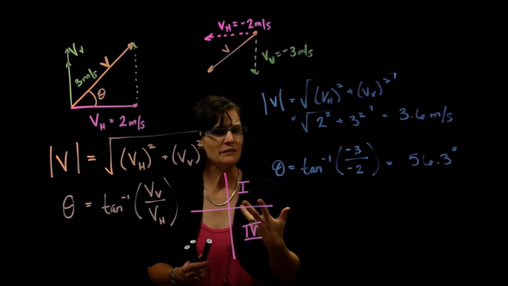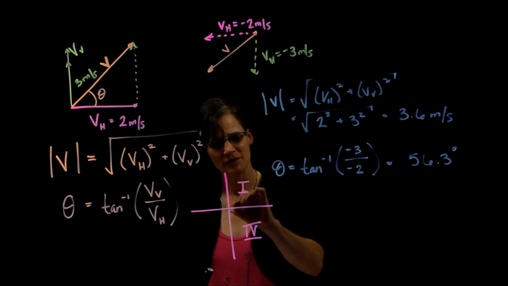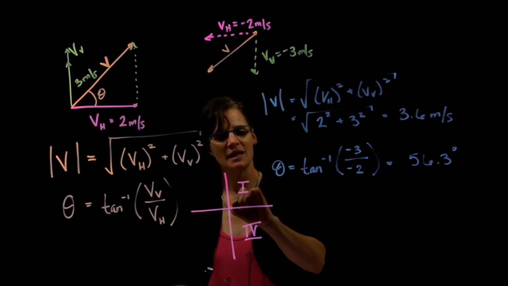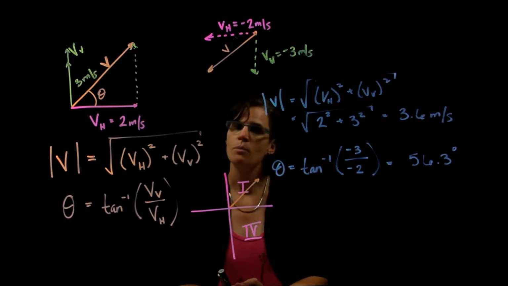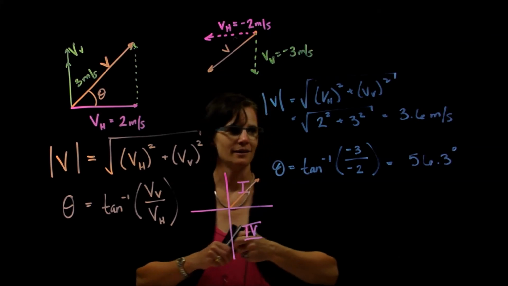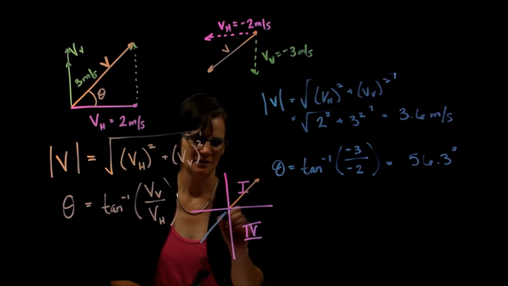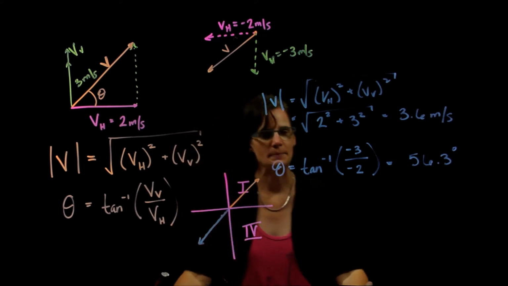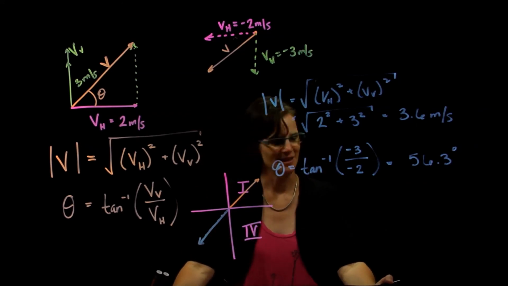So if I know both components are positive, then the angle that is produced out of the equation is in quadrant 1. But if I know both terms are negative, the angle that is produced is actually in quadrant 3. And it's along 180 degrees from the angle that I'm given.